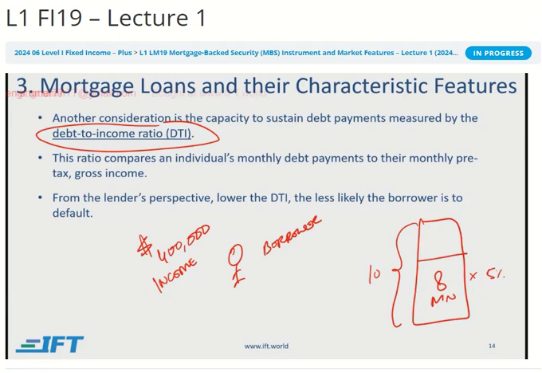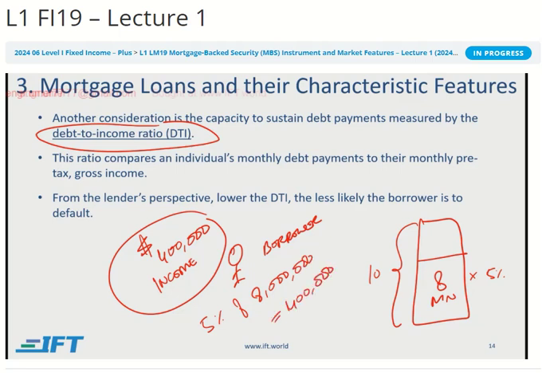So 5% of 8 million is $400,000. That's ridiculous, because if this fellow is earning $400,000 per year and 5% of 8 million is $400,000, clearly we shouldn't be giving them a mortgage on a 10 million property, even if there is 2 million to absorb the loss, because they cannot pay all of their income to us.